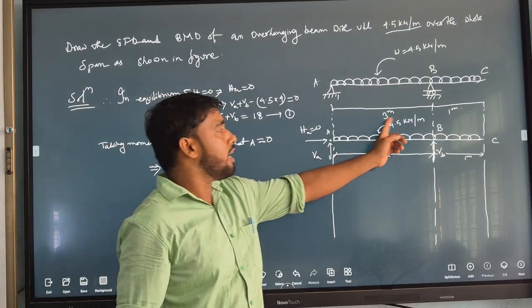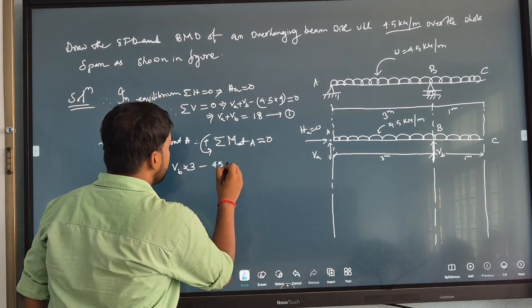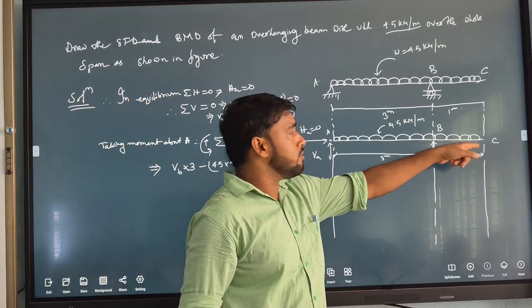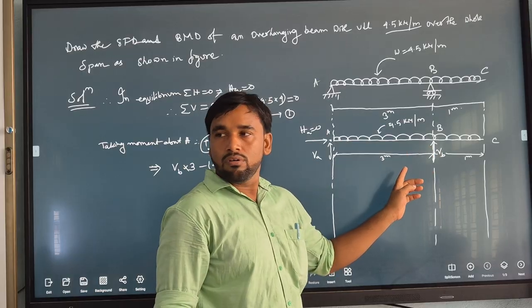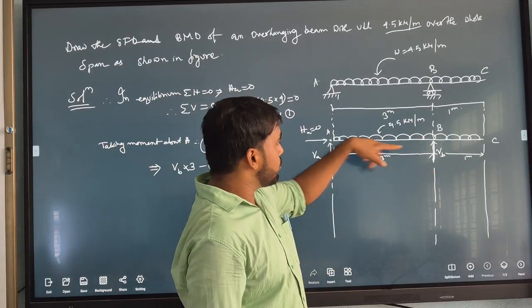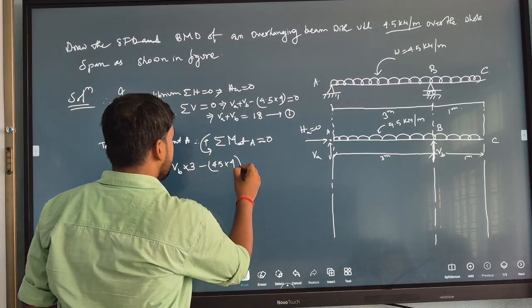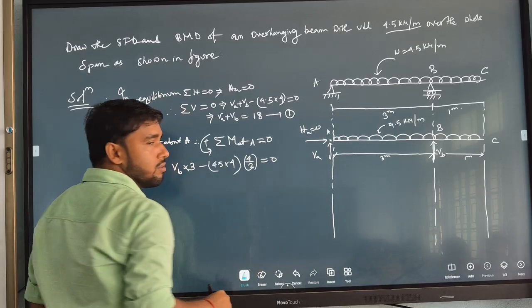Total UDL is 4.5 into 4, acting through its CG, that means at a distance (3 plus 1) by 2, which is 4 by 2, equal to 0.